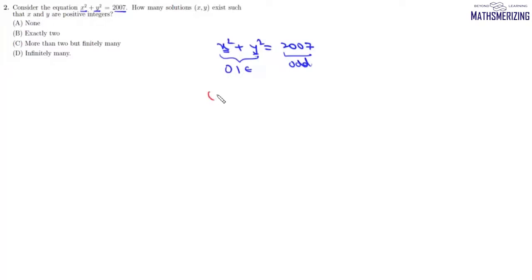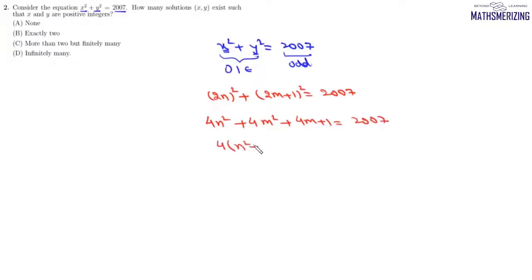So let x be 2n square and let y be 2m plus 1 square, and it is equal to 2007. We can write 4n square plus 4m square plus 4m plus 1, and it is equal to 2007. Now this is 4 times n square plus m square plus m, and it is equal to 2006.